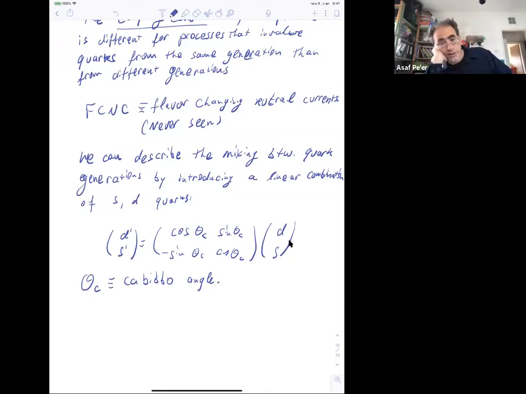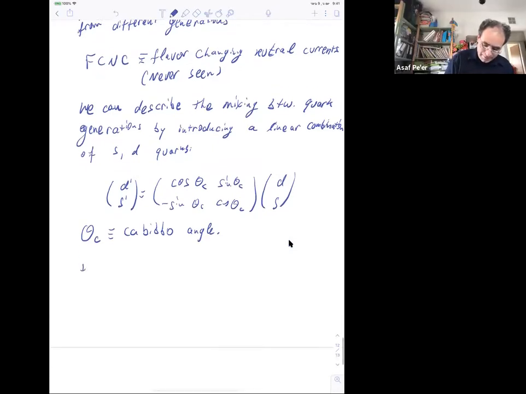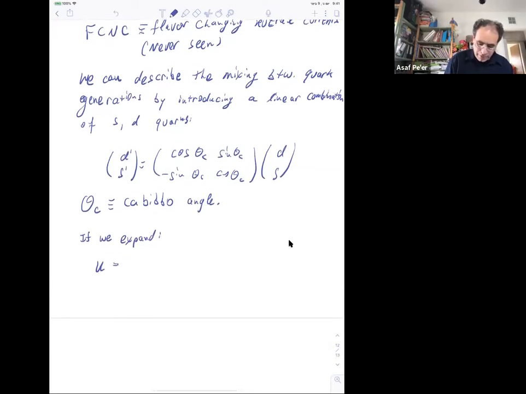So basically, the charged weak interaction can connect the up and the D prime, or the charm and the S prime. If we expand, then for the U quark, we can write W times D prime, which is W D cosine theta Cabibbo plus W S sine theta Cabibbo.